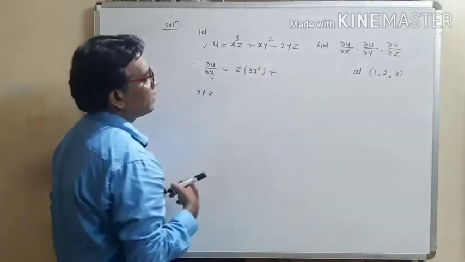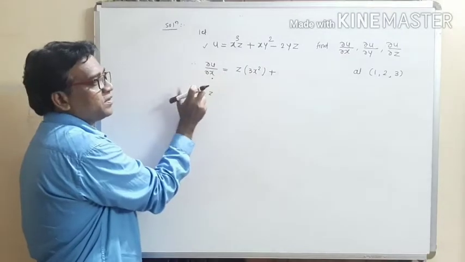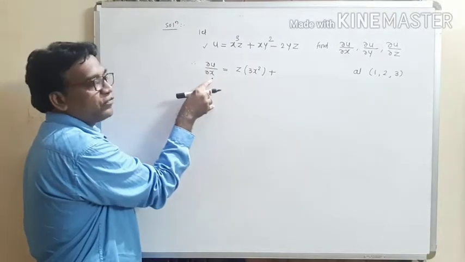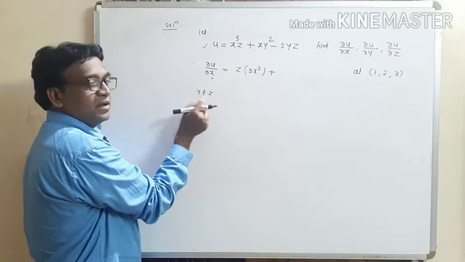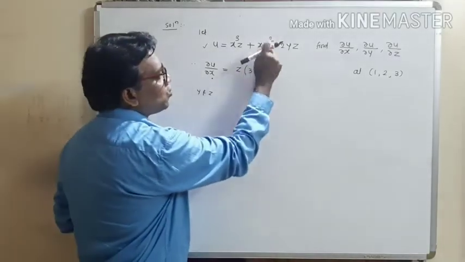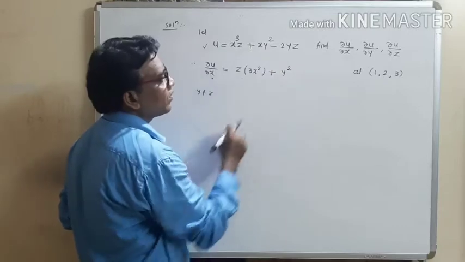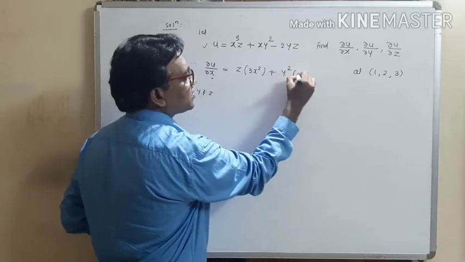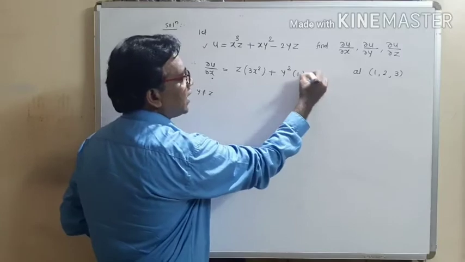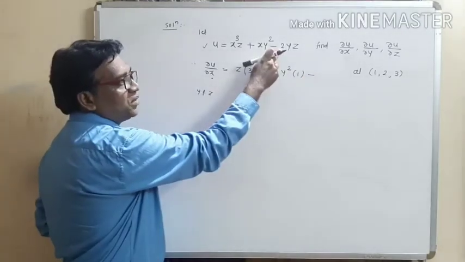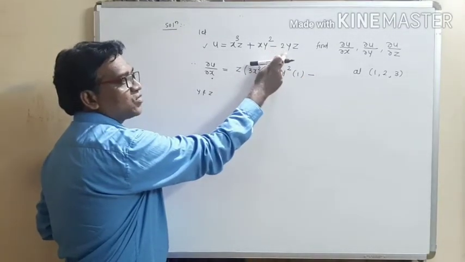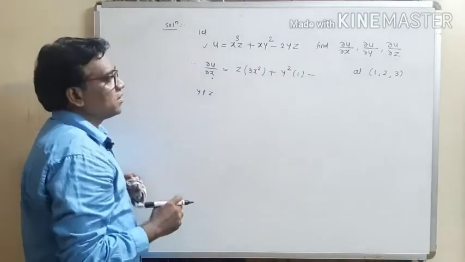plus, ∂u/∂x means we have to find the derivative of x only by treating y and z constant. So y square is a constant quantity, so write it down as it is. Derivative of x is 1. Minus 2, this is a constant term, y is a constant term, z is again a constant term.